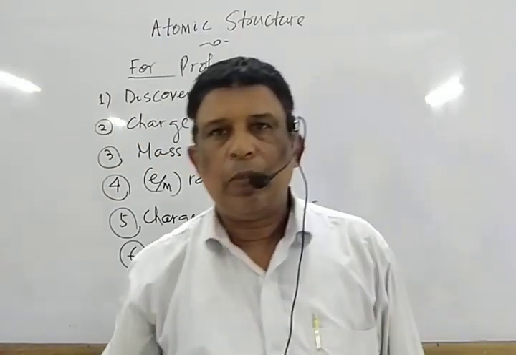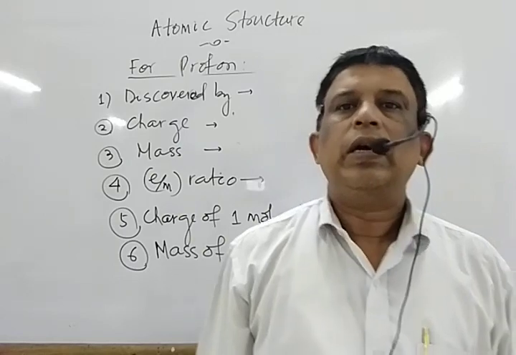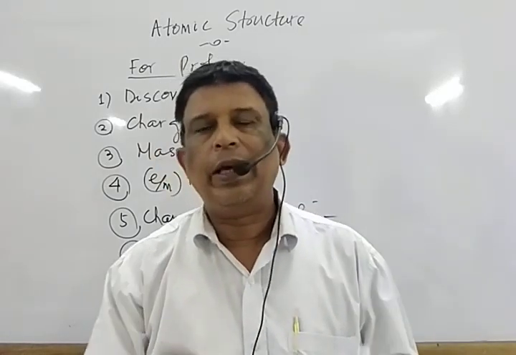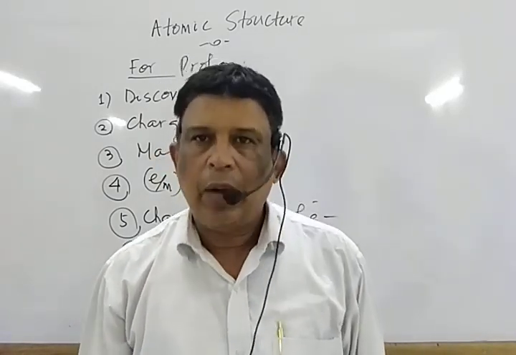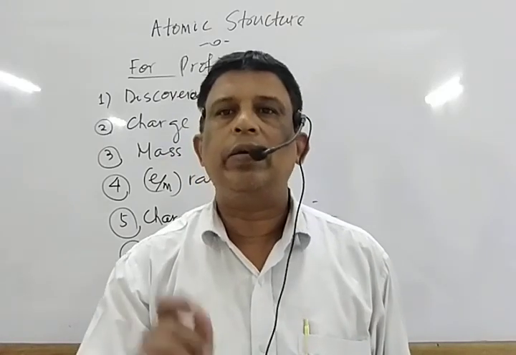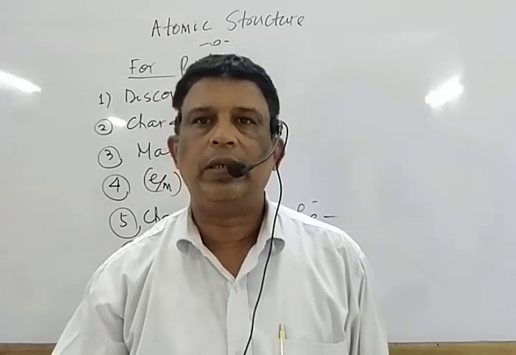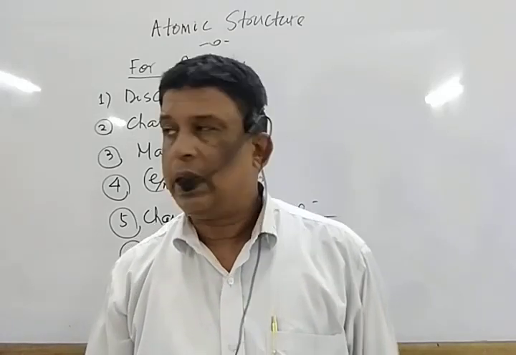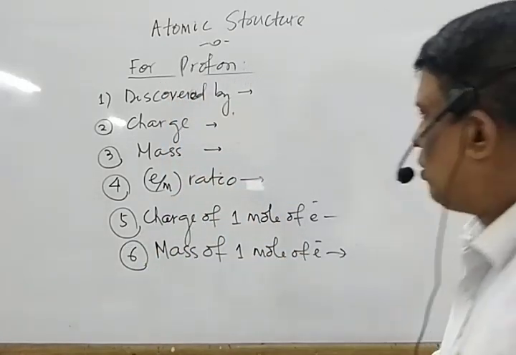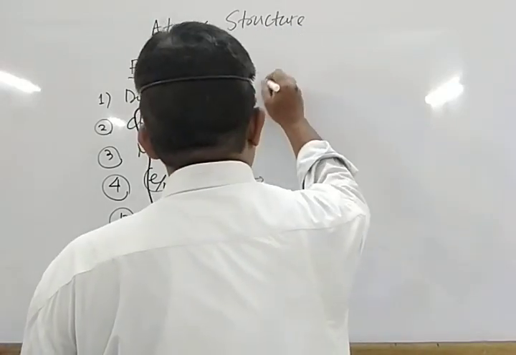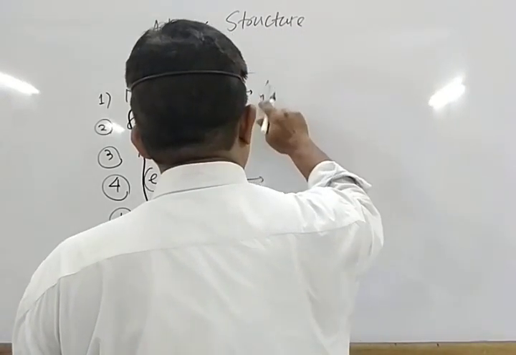It is also a subatomic particle. It is a subatomic particle having unit positive charge and mass nearly equal to one atomic mass unit. Mark that. Point 1: it is discovered by E. Goldstein.